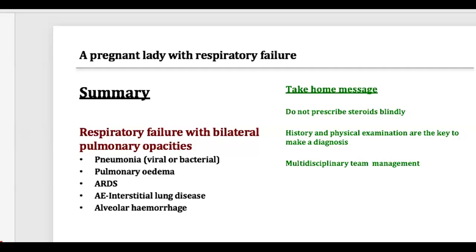Generally, I agree, but it is really essential. Generally after 28 weeks, it's like that. In the first trimester, there's a risk of fetal abnormality.